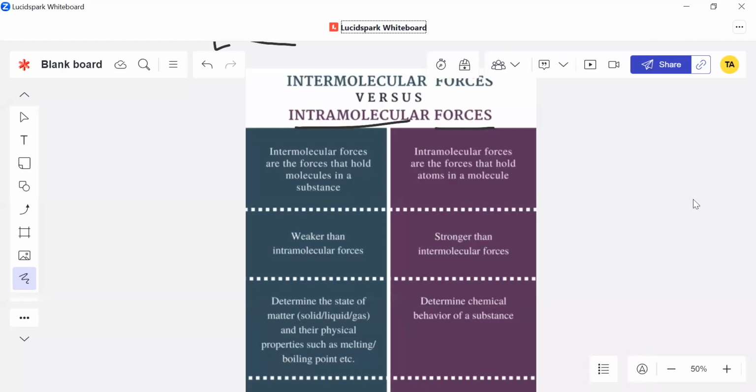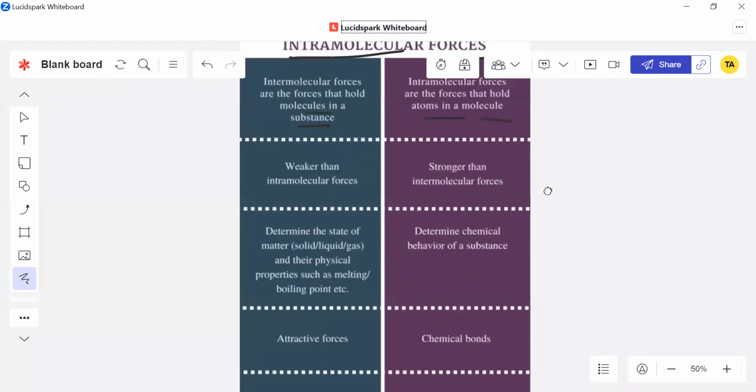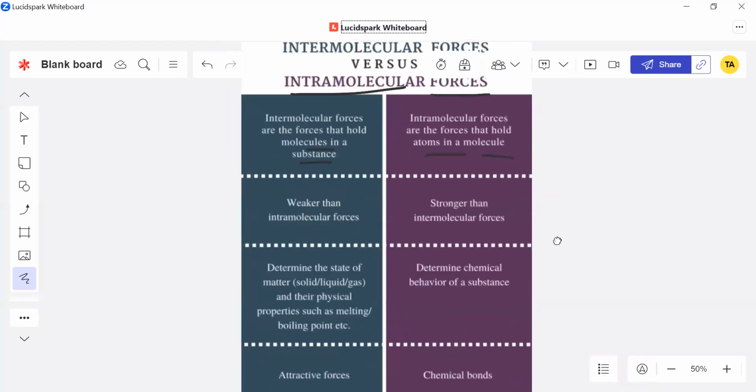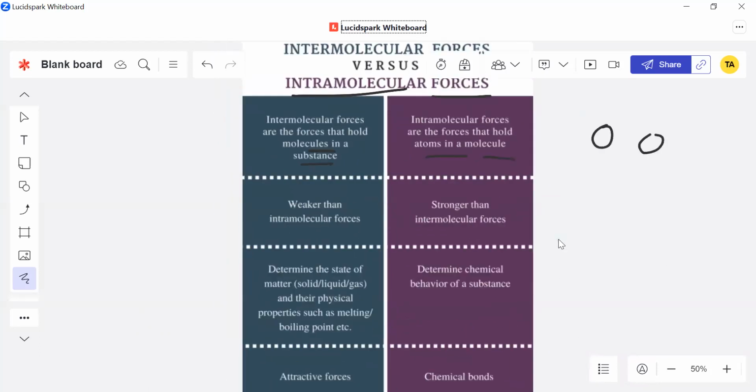So intermolecular forces are the forces that hold molecules in a substance, whereas intramolecular forces are the forces that hold atoms in a molecule. So intramolecular forces are the forces between atoms, and intermolecular forces are the forces that hold molecules in a substance, instead of an atom.